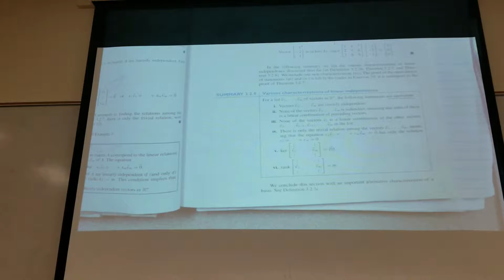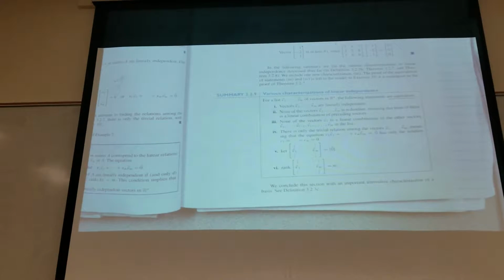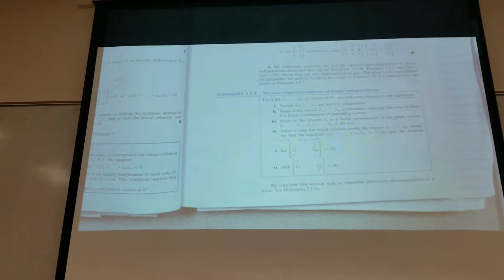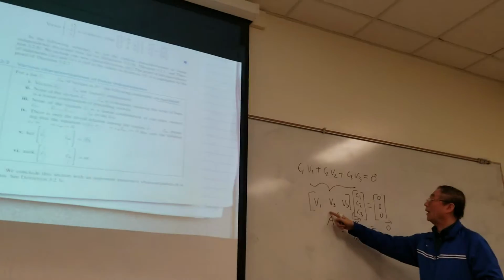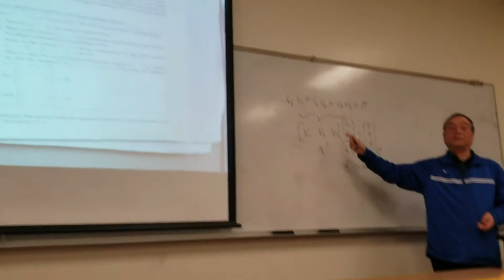This is the X, right? C1, C2, C3 are unknown. So that's the X. This is the A and equals 0. So AX equals 0, that means X is in the kernel of A, right? AX equals 0, so kernel.